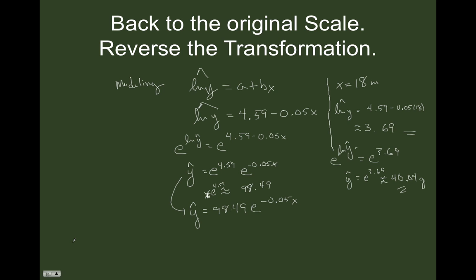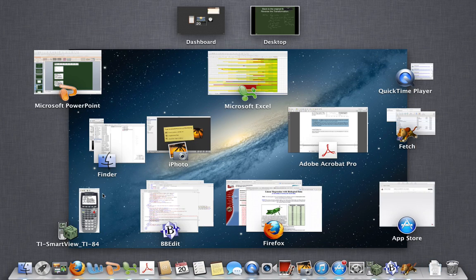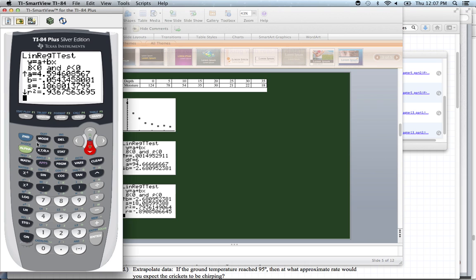So now, if we go back and look at the original scatter plot, I'm going to go back to the original data, because remember, the transformation is an intermediate step. And really what we're interested in is modeling the original data.